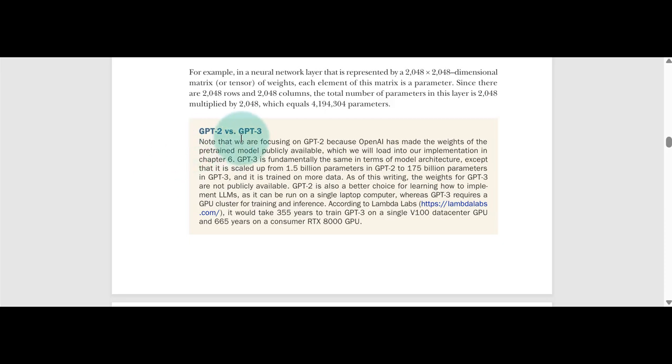GPT-2 versus GPT-3. Note that we're focusing on GPT-2 because OpenAI has made the weights of the pre-trained model publicly available. And so instead of training it ourselves forever, we can just use their weights, which we will load into our implementation in chapter 6.